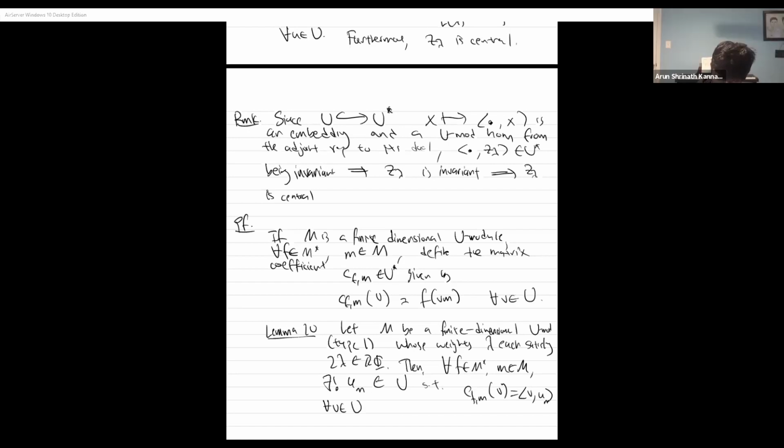I want to do a wakefulness test for the audience. So suppose that I know that the highest weight, lambda, satisfies this property. Is it true that every other weight satisfies this property? People who consider themselves awake are very welcome to answer this question.